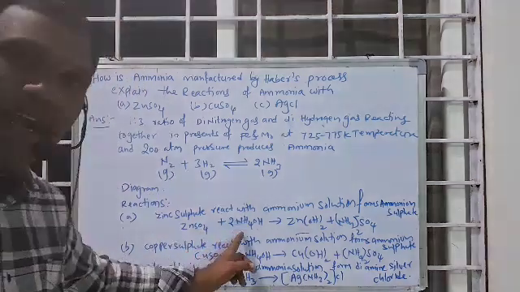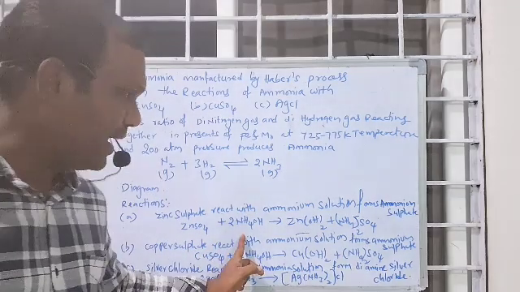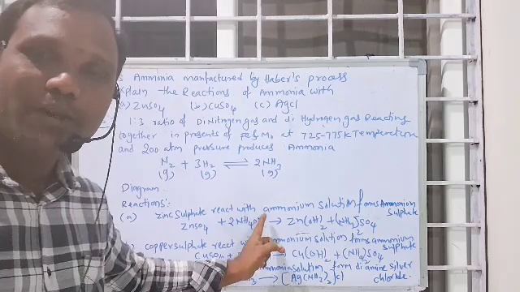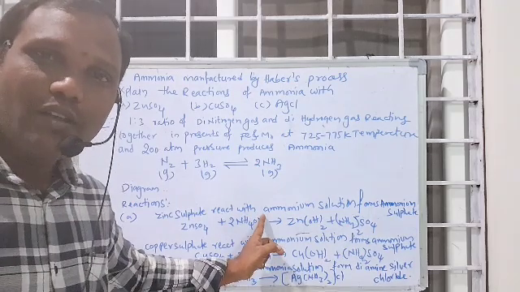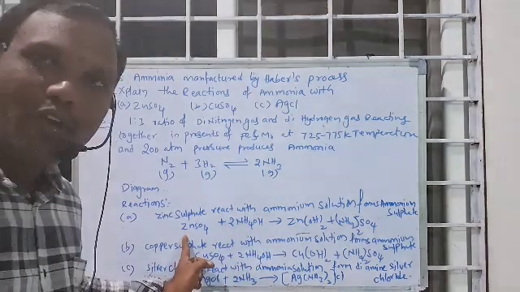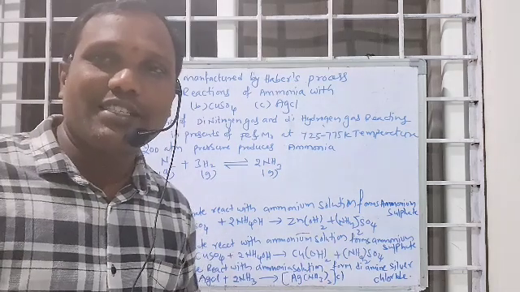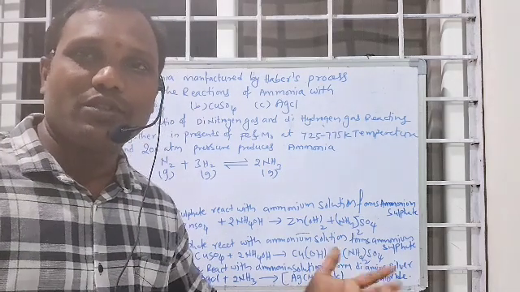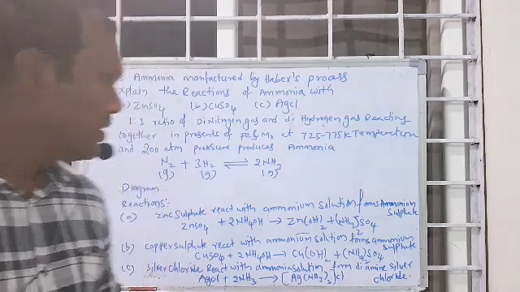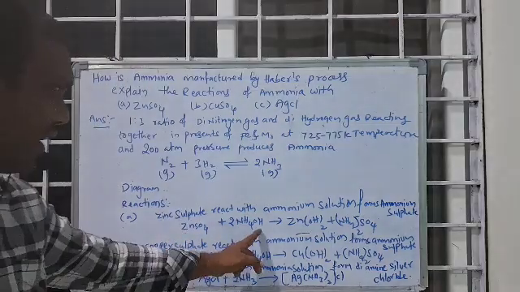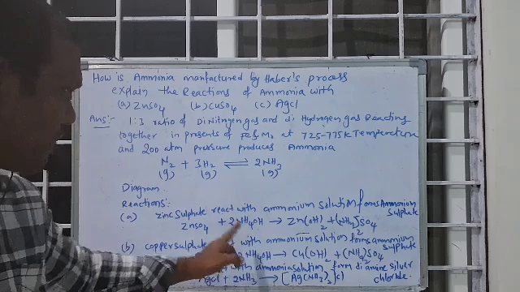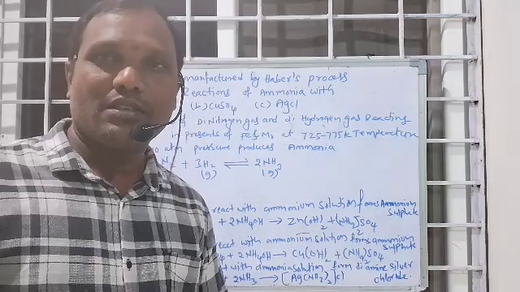Ammonium hydroxide forms NH4 plus ion and OH minus ion. Zinc sulfate forms Zn 2 plus and SO4 2 minus. Vice versa displacement takes place, which produces the products. Here zinc hydroxide and ammonium sulfate are the products.